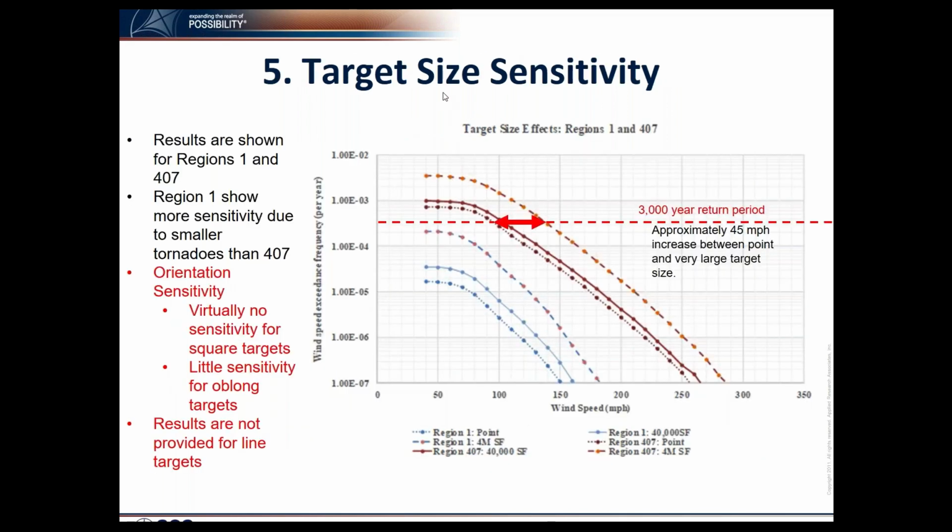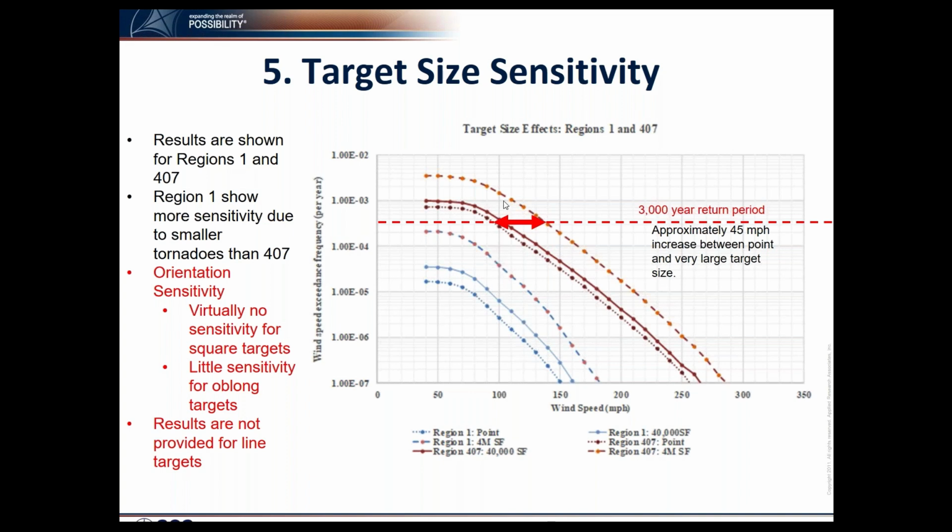This slide shows target size sensitivity. We compared a point with a 4,000 square feet target, which is a 200 by 200 area target, and a 4 million square feet target. As you can see, the hazards are significantly higher when you increase the target size.